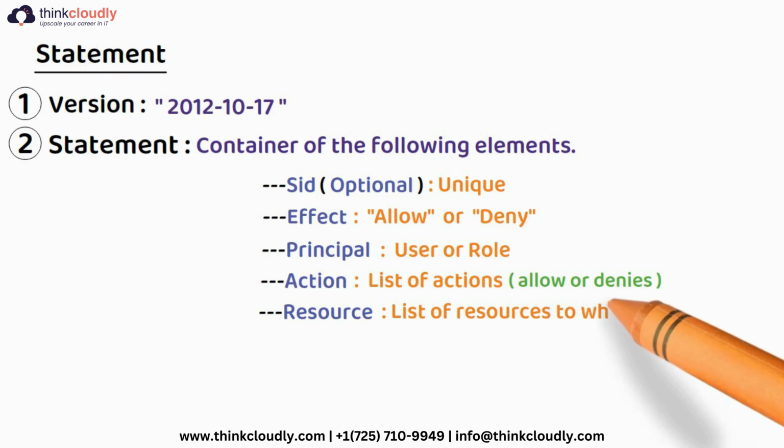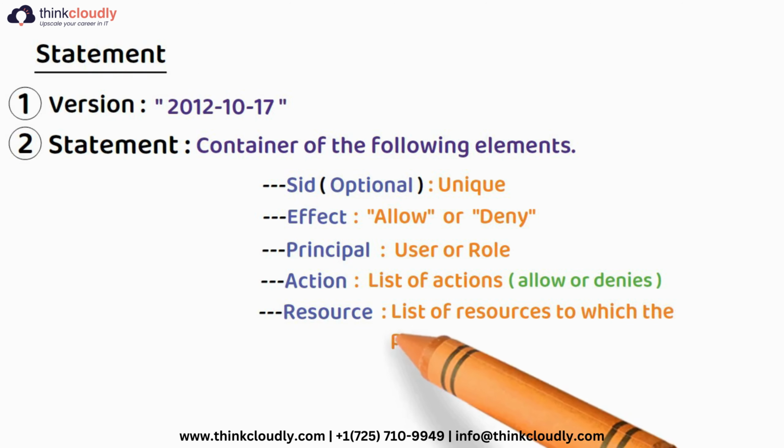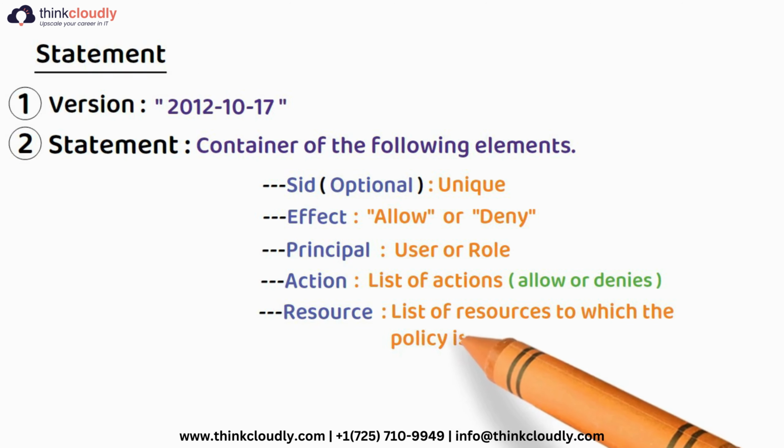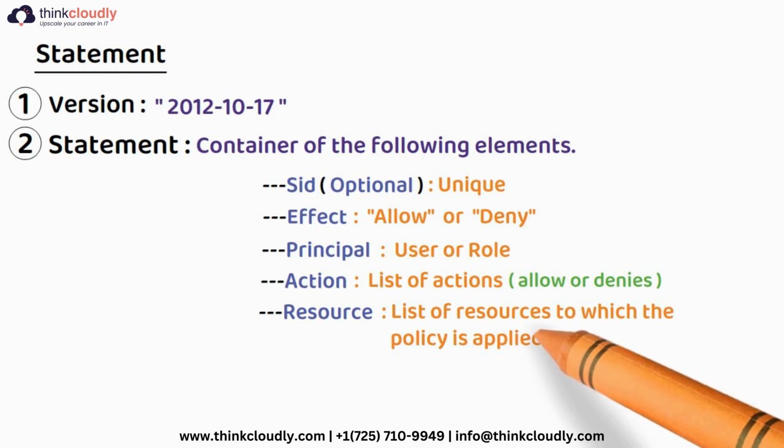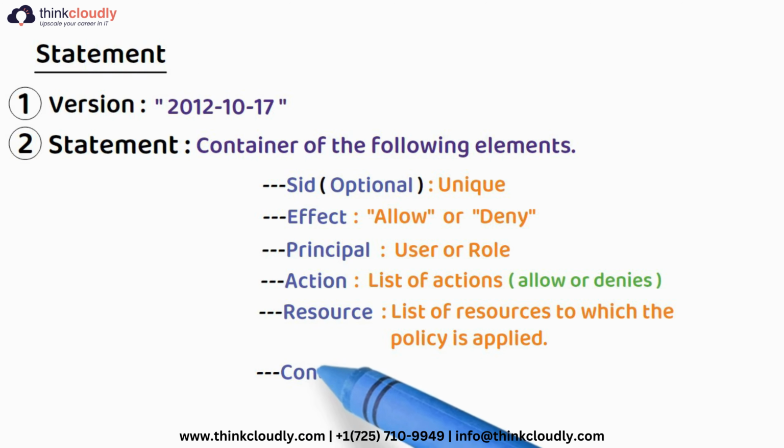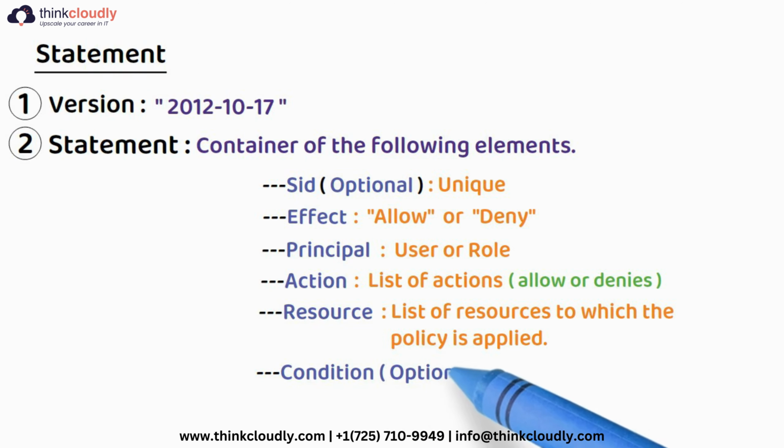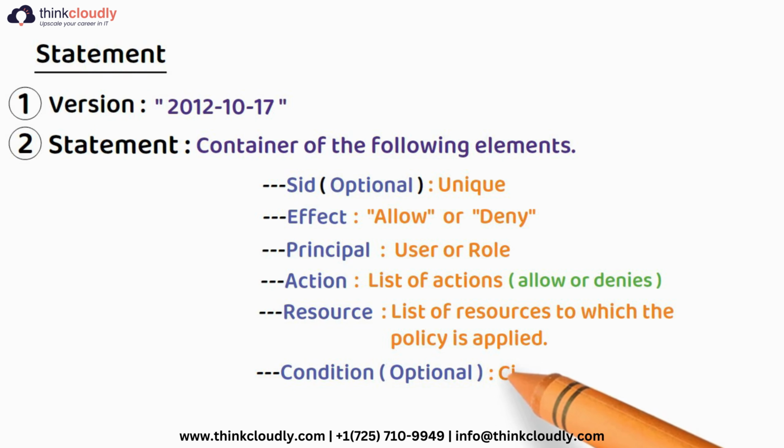And last but not the least, you can have condition as well. Condition, again, is optional in nature. If you want to grant some permission under some circumstances, then the condition comes into the picture.